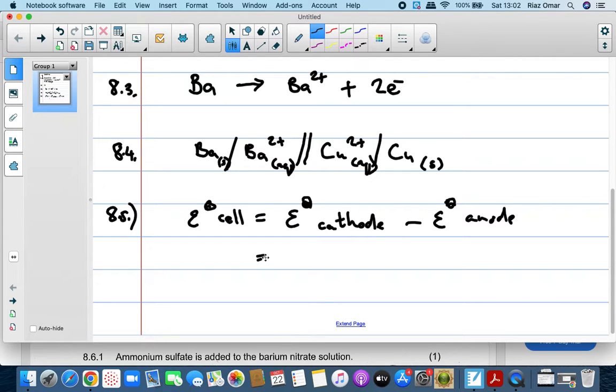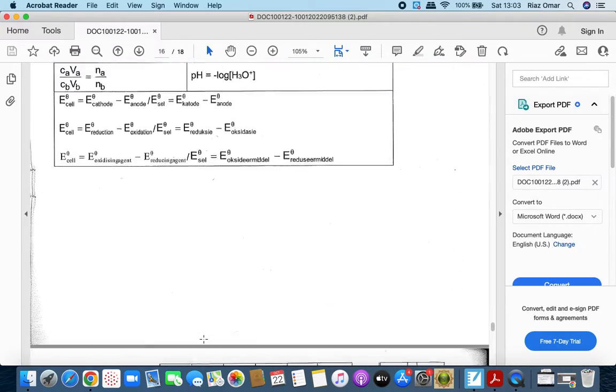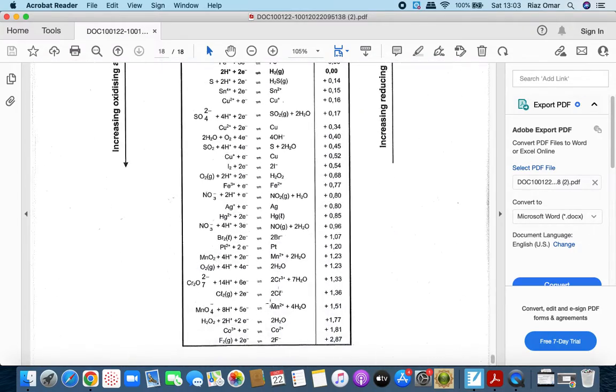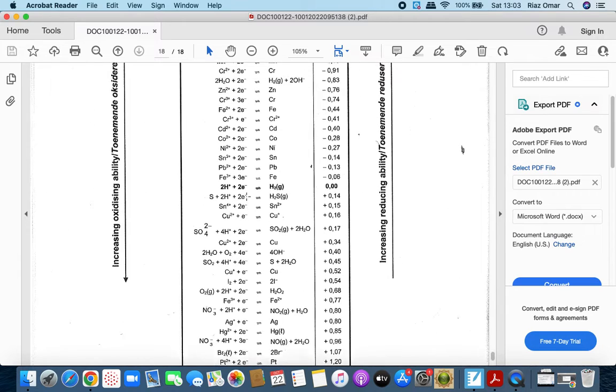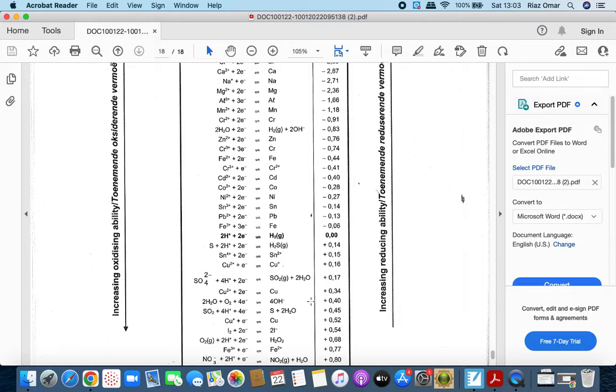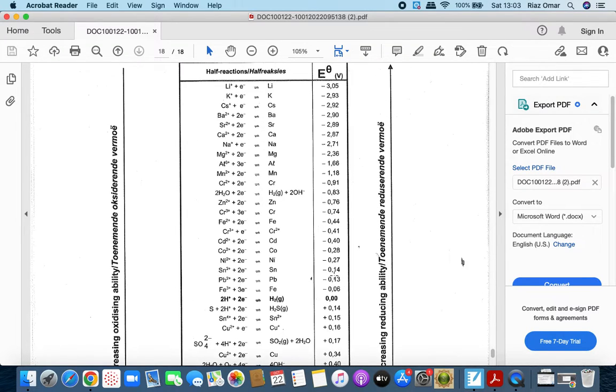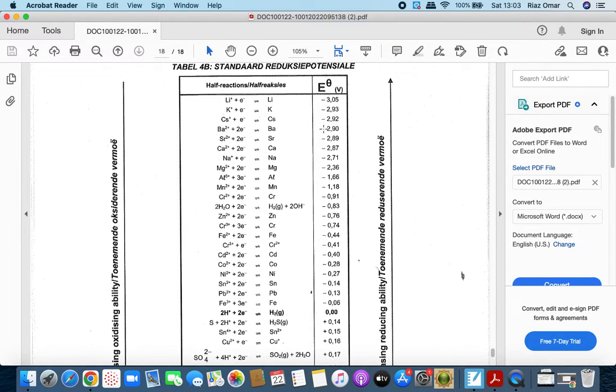So if you go back to our half reaction table here, we can see bottom minus the top, cathode minus the anode. The cathode will be our copper, which is 0.34. The anode will be the barium, which is minus 2.90.